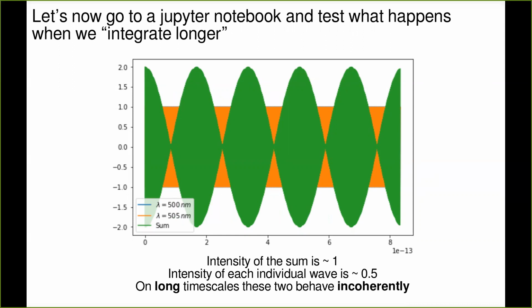At some moments the waves are interfering constructively, and in other periods the waves are interfering destructively. If I now average the intensity, I'm going to get 1, while the individual intensities of these two waves are again 1/2. So in this whole chunk, they are behaving incoherently.